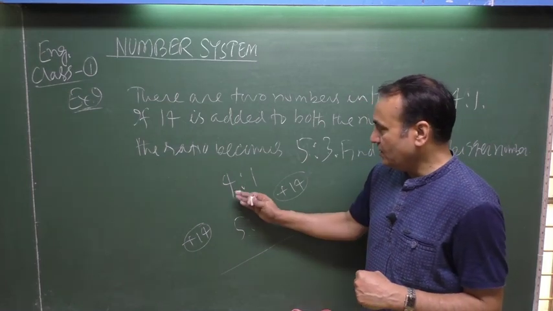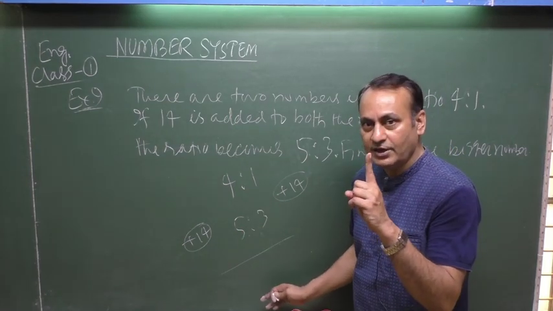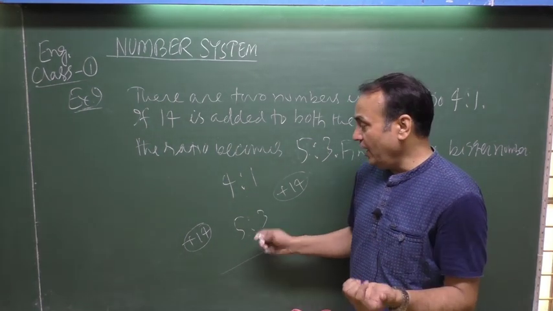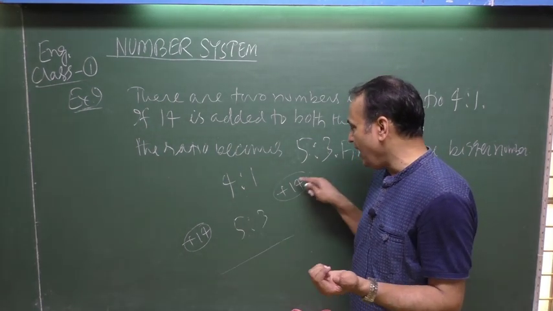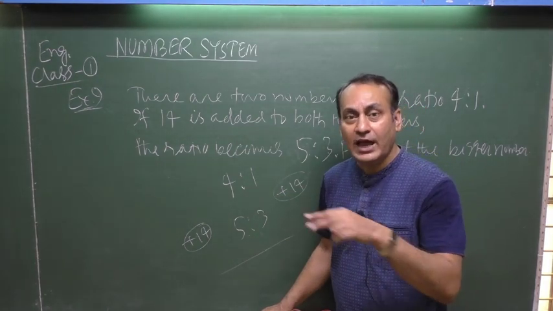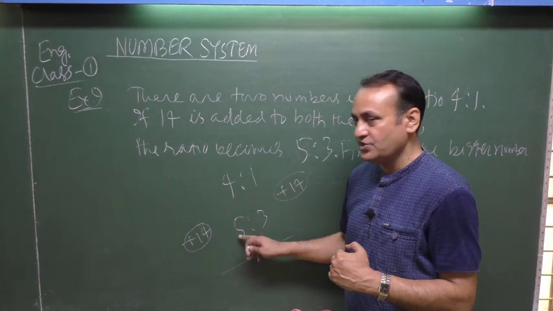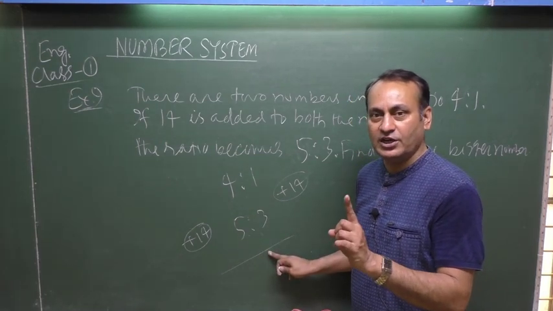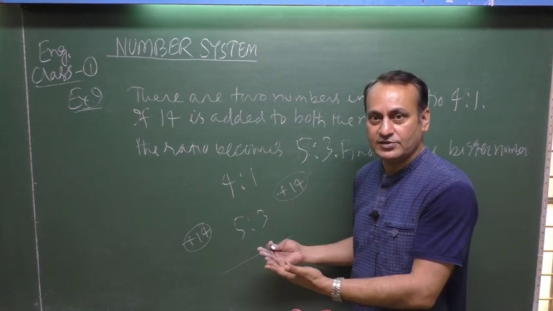See here. This is 4, this is 5. That is a 1 unit increment. Here 1 to 3 is a 2 units increment. However, if you add 14 here and add 14 here, the increment must be equal everywhere. That means if this is a 1 unit increment, here should also have been a 1 unit increment, but it happens to be 2 units.